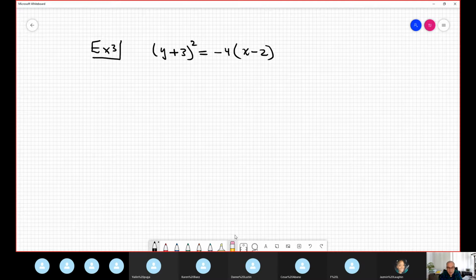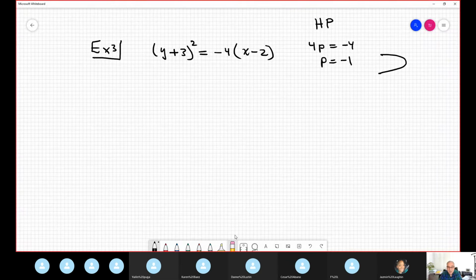Your identification is perfect: it's a parabola because y is squared and x is not squared, it's linear. And your identification also says we are talking about a horizontal parabola because y is squared and x is not squared. And identify also that 4p is equal to -4, which is this coefficient in front of the parentheses, therefore p is -1. Therefore this parabola is horizontal but opens to the left, in that direction.